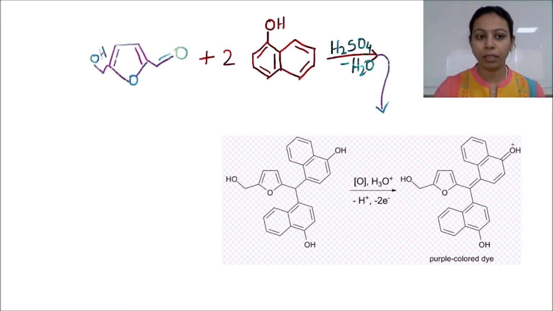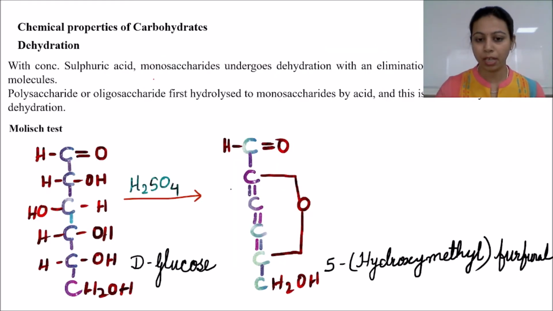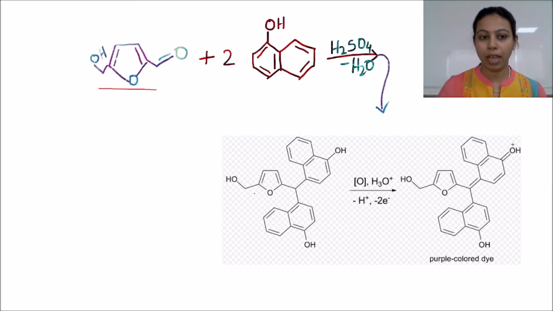The monomeric unit has changed into the furfural ring, as you can see here the furfural ring has been formed. The bonding has been formed on removal of a water molecule by the addition of sulfuric acid, which I have presented in the pentameric form.